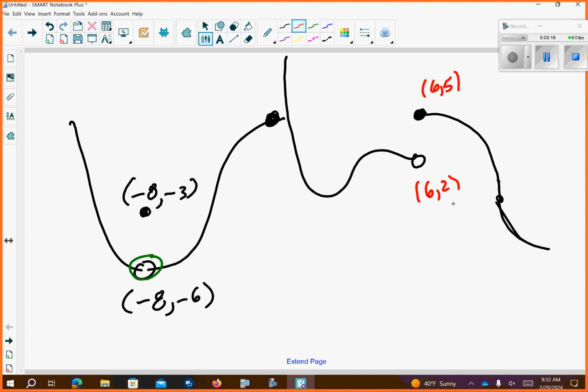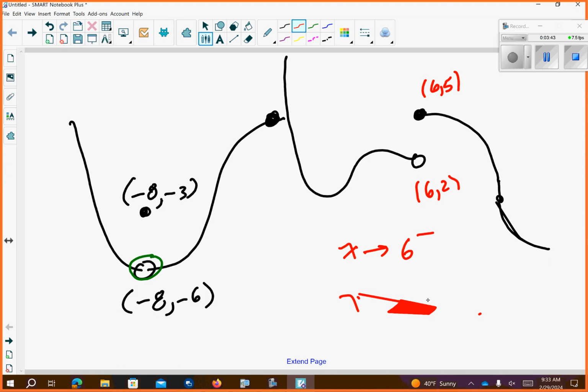Okay, so if they asked us if the limit approaches 6 from the left and the limit approaches... It's freezing up. There we go. All right, so I'll do this by hand.